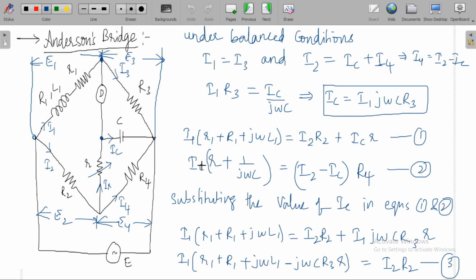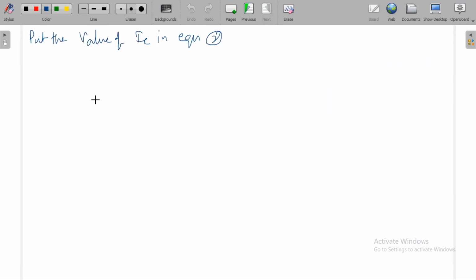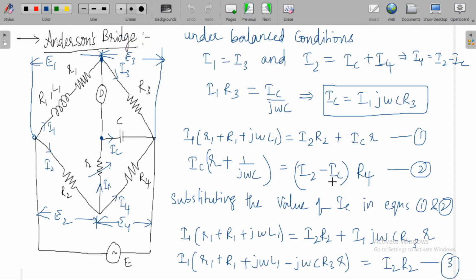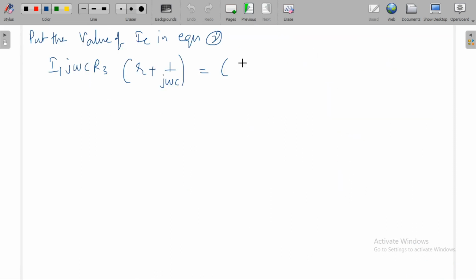In place of IC you write I1 j omega C R3, into R plus 1 by j omega C, which is equal to I2 minus IC. In place of IC again you write I1 j omega C R3, I2 minus I1 j omega C R3 into R4.